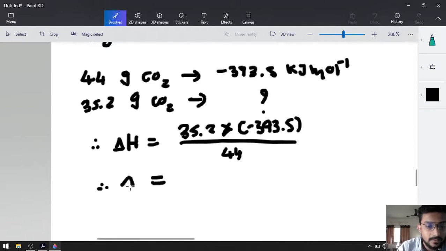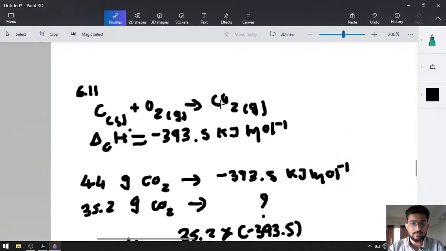Okay, because in 1 mole of carbon dioxide there is 12 of carbon and 32 of oxygen, so 44 gram of carbon dioxide is formed by this reaction.